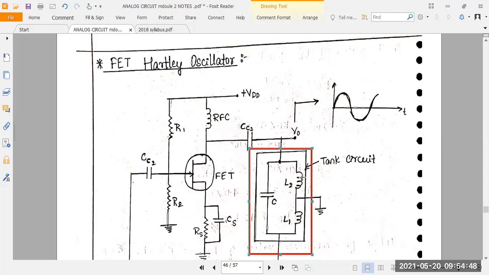Once the capacitor is completely charged here, then it discharges through the L1 and L2 inductance here.